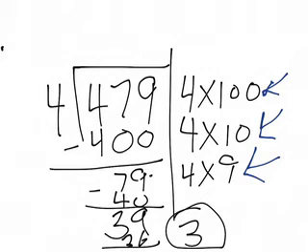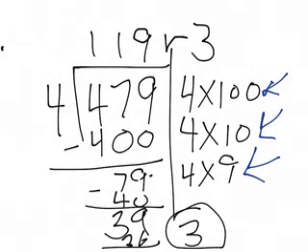I can ignore this 4 times, and just really what I'm looking at is what did I multiply by? Well, I multiplied by 100, by 10, and by 9. If I add those up together, I end up with 119. And now I do have a leftover down there, so I've got to remember that. That's my remainder, and my remainder here is 3. And so there's my quotient, 119, remainder 3.